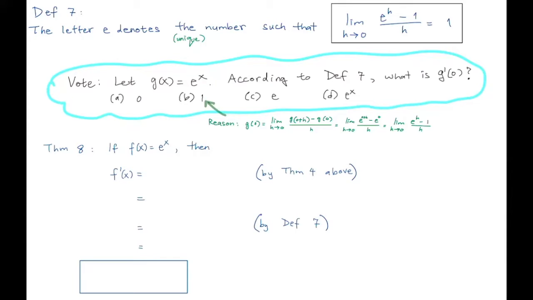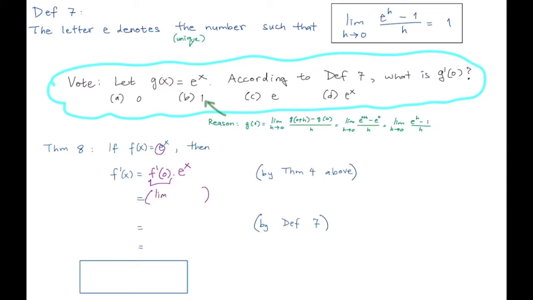Now let's look at this function f, which is equal to e^x. Then by a theorem we learned last time, f prime of 0 times this number to the x is equal to the derivative of f. And then I'm going to replace this value with the definition using a limit.